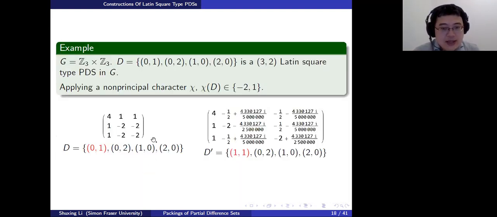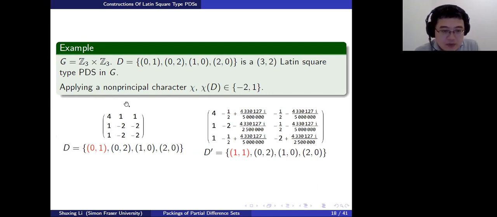With that, let's look at the character viewpoint a little bit more to give you a bit more taste on this approach. So once again, we have the example of Latin square type PDS in 3 by 3.